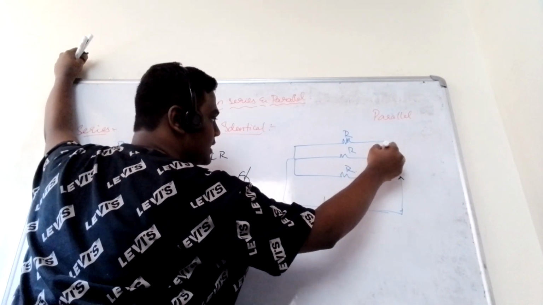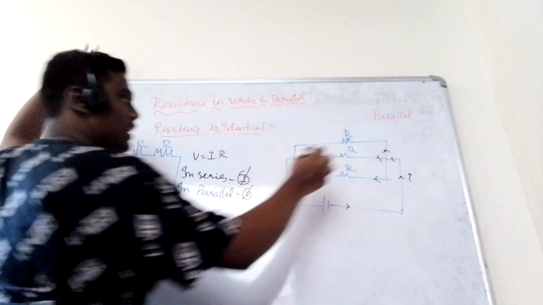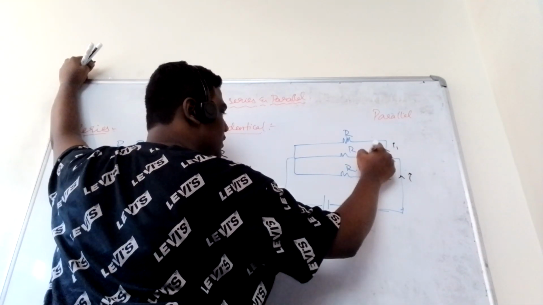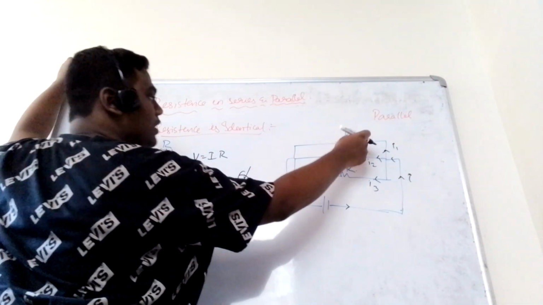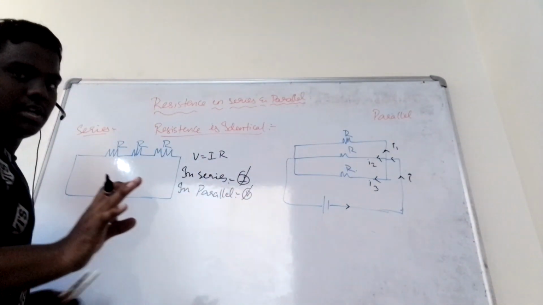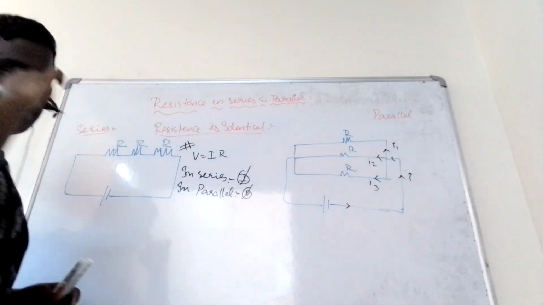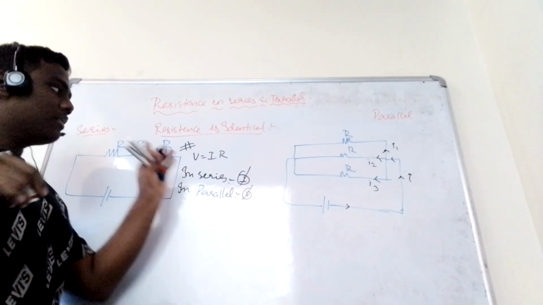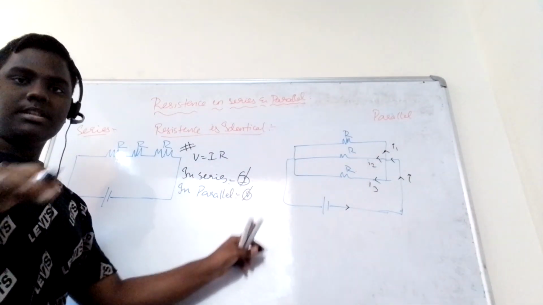Here current splits. Suppose the total current flowing is I. The current flowing through these is I1, I2, I3. But the voltage across all three resistors is the same. This is another fundamental that one should remember to derive these two. In series I remains constant, in parallel V remains constant.